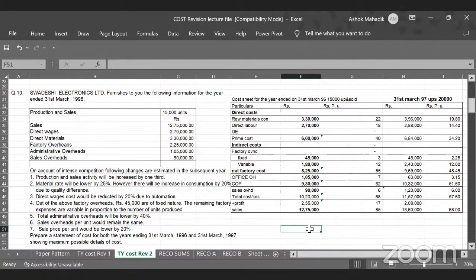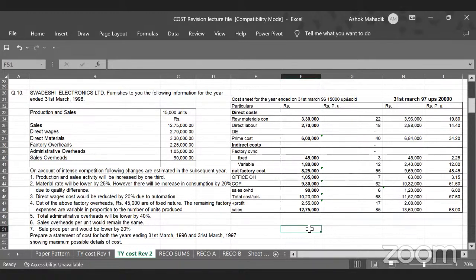Now multiply this with next year's units to be produced, 20,000. So you will get the amount. This way you have to calculate amounts by using per unit. Now what about labor? Last year's labor per unit was 18. And adjustment 3 says direct wages cost would be reduced by 20%.